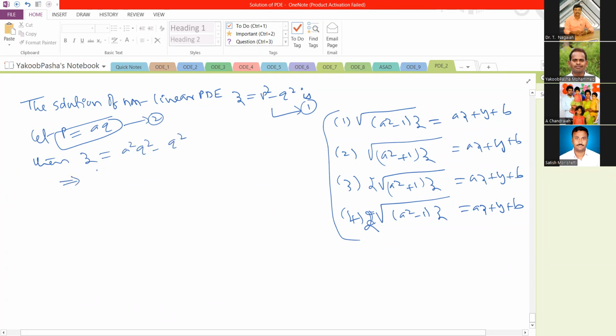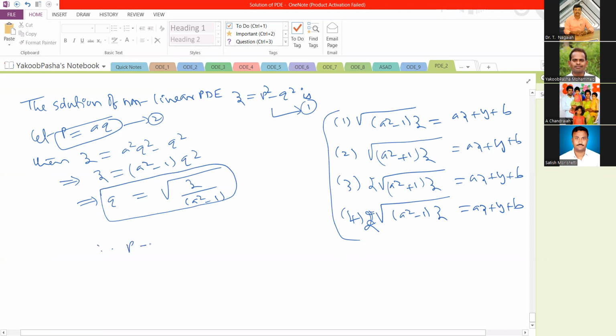From this we can write z equal to a square minus 1 into q square. That is q is equal to root z by a square minus 1. So when q value is there, substitute in equation 2. Therefore, P is equal to A into under root of z by a square minus 1. Okay, P equal to AQ only.